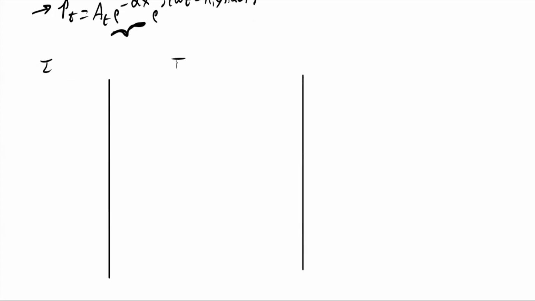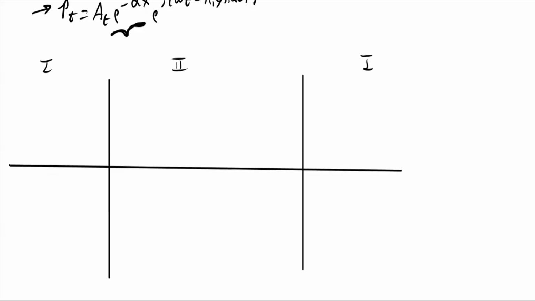So we have our medium 1, medium 2, and then medium 1 again. And let me draw a horizontal line here.